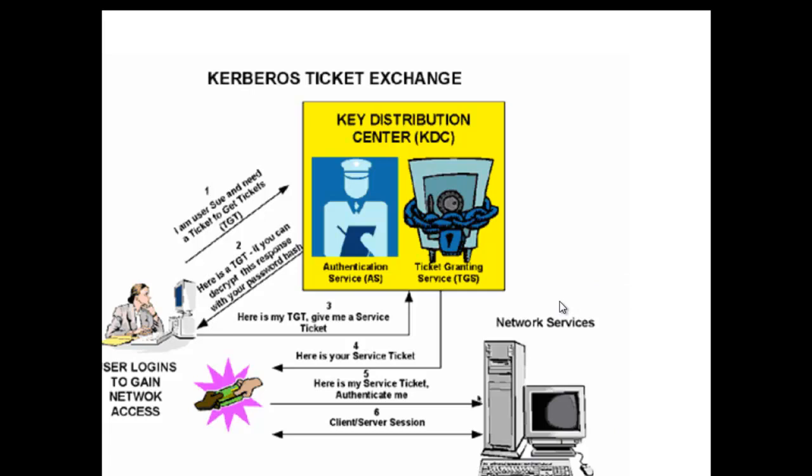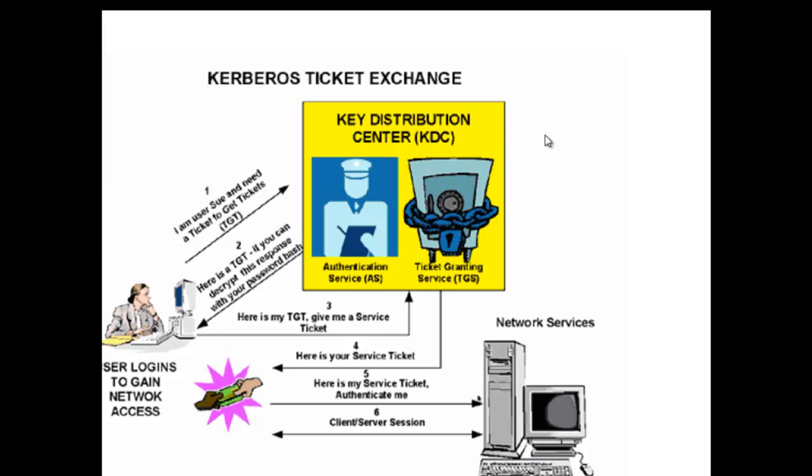The security protocol or authentication protocol that we use is called Kerberos, and it allows us to prove in a secure manner the identity of the user who is logging on to gain access to the server. Let's take a look at this diagram.